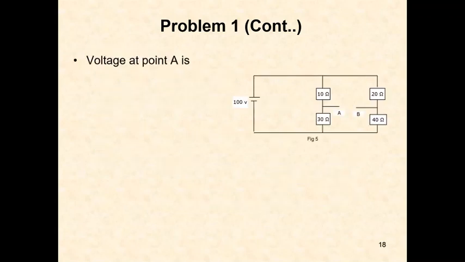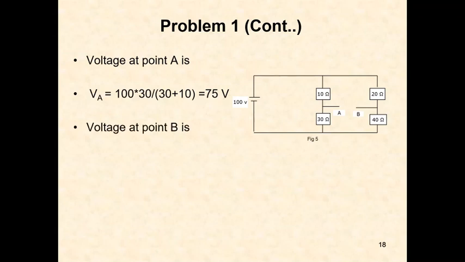So the voltage at point A, VA, is equal to 100 into 30 divided by 30 plus 10, that is 75 volts. And the voltage at B is equal to 100 into 40 divided by 40 plus 20, that is 66.6.